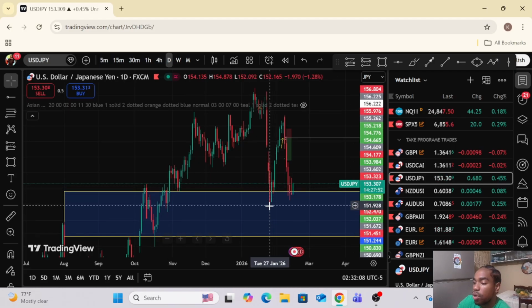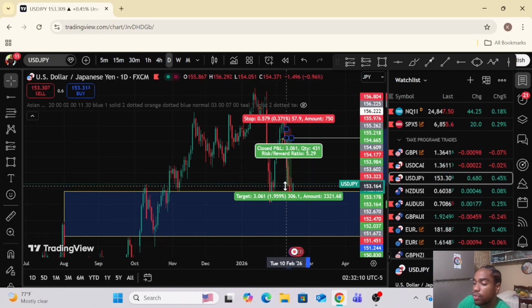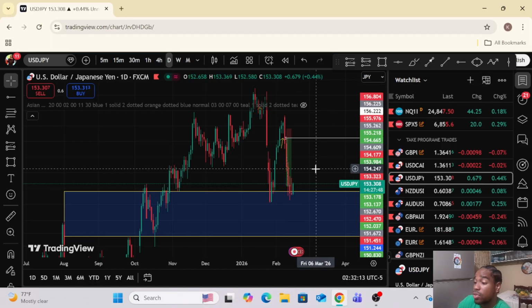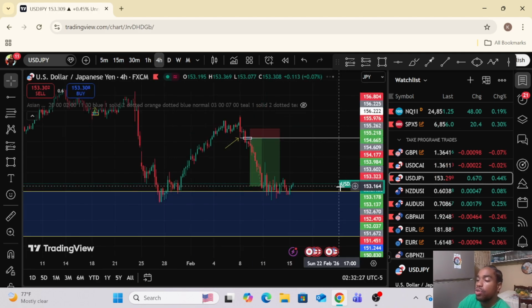So we could have even gotten a 1:5, which would have been beautiful. Yep, 1:5 would have been splendid. But nevertheless, we got what we got, and we are indeed satisfied. So that was it for USD JPY.